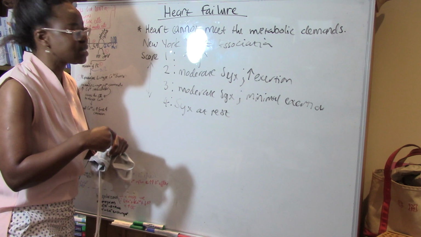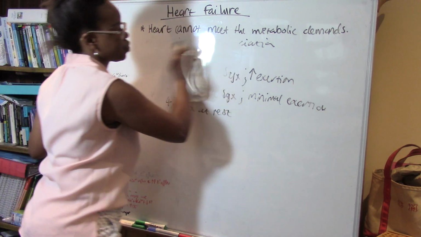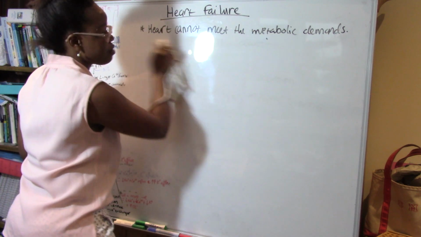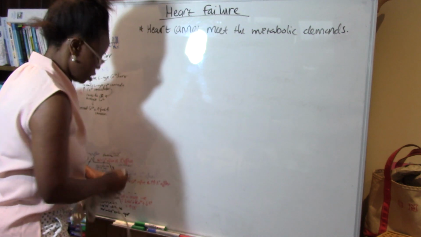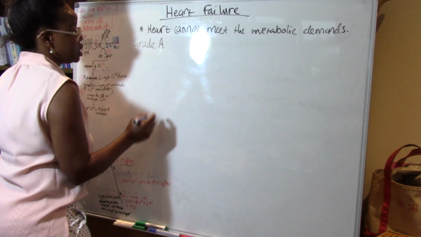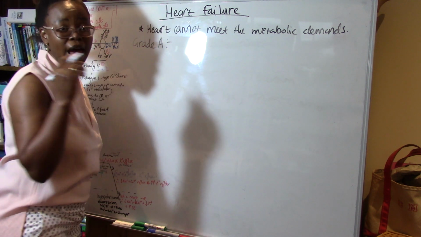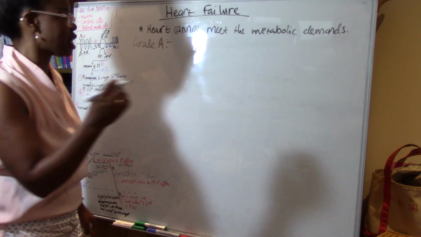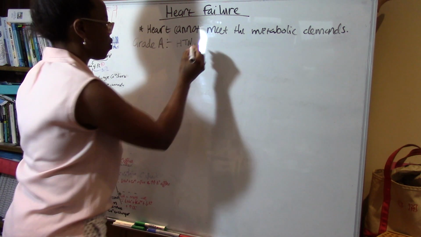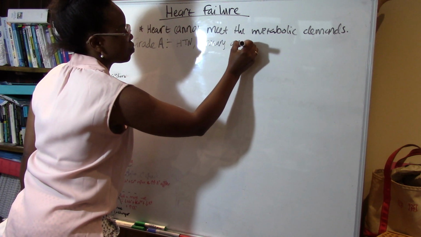So instead, there is another staging system that's used, which grades heart failure based on staging A to D. And stage A is someone who has all the factors that cause heart failure, things like hypertension, things like coronary artery disease.